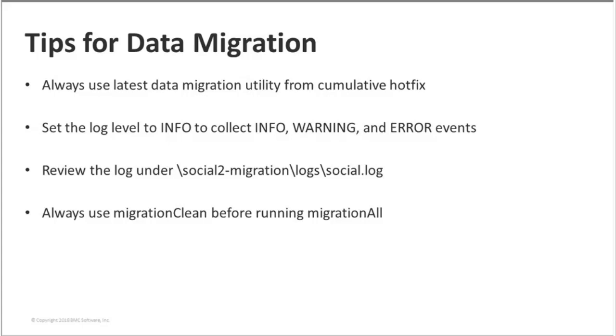Let's say the migration utility is not handling that specific error. If the error is straightforward, you know exactly where the problem is, or if BMC support engineering is able to help you pinpoint that this is the data which is causing the problem, then you could remove the duplicate data and rerun the migration. In that case, you don't have to wait for any new fix from the BMC side.